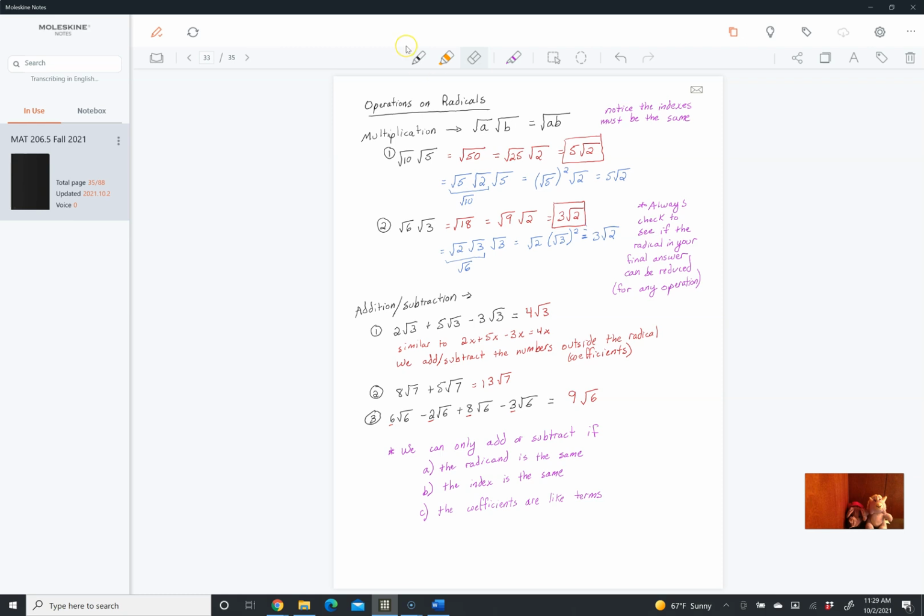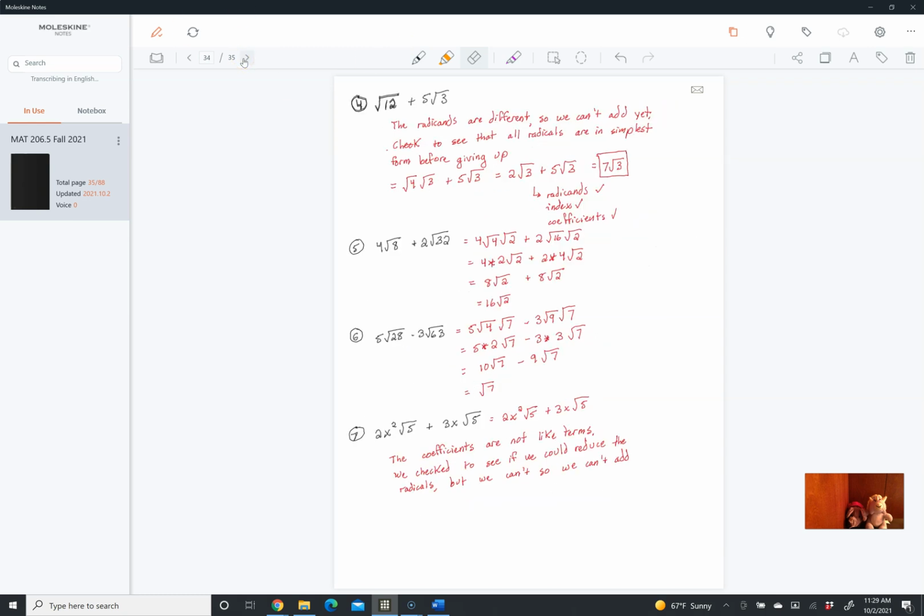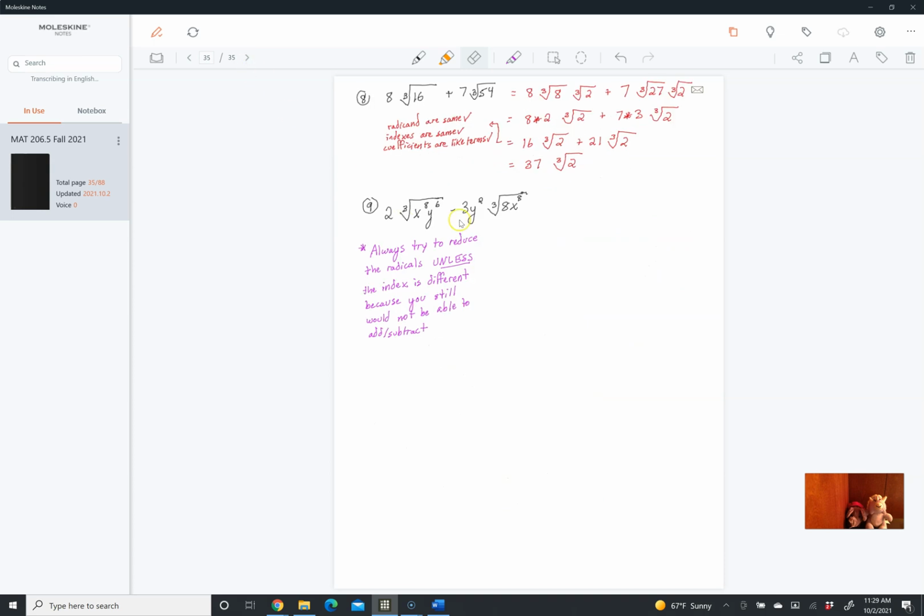Okay, let's go back to the one that we were working on. In the one that we were working on, we can reduce. There are factors that are perfect cubes, so let's try and reduce these. The indexes are the same, so it's worth reducing. Notice the coefficients are not like terms, but we're not going to worry about that yet.